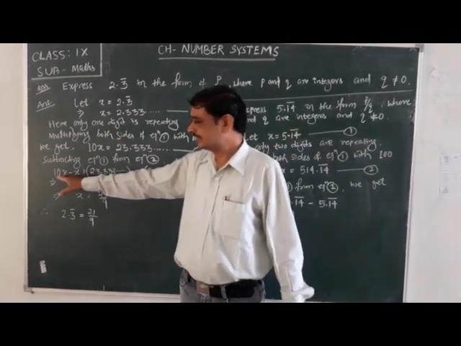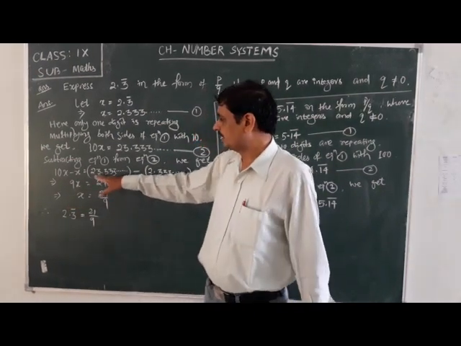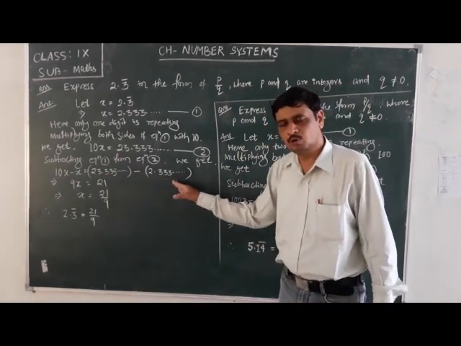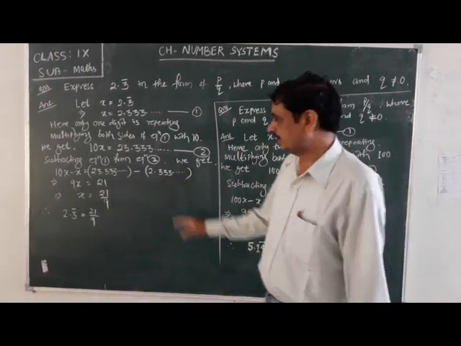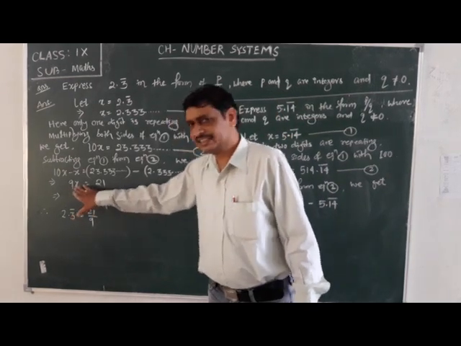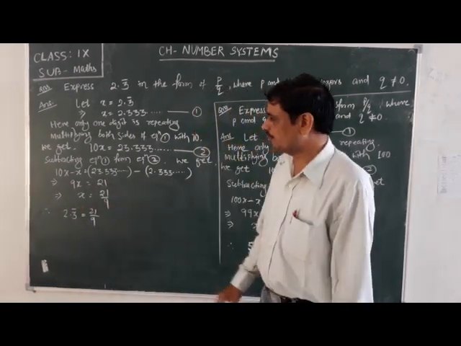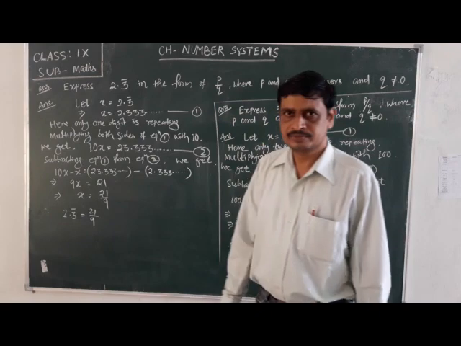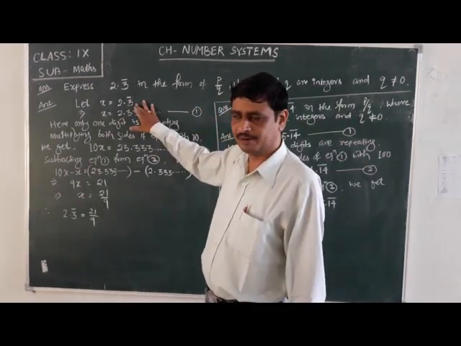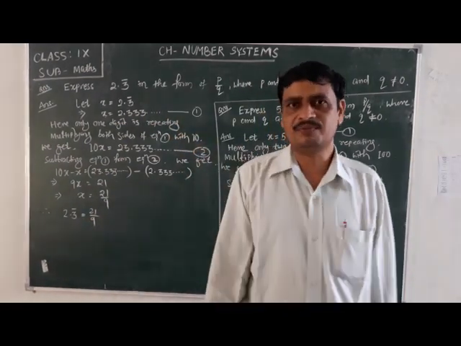Now 10x minus x becomes 9x, and 23.3 bar minus 2.3 bar gives 21. Here 9x equals 21, then x equals 21 by 9. Since the value of x is considered as 2.3 bar, 2.3 bar equals 21 by 9.